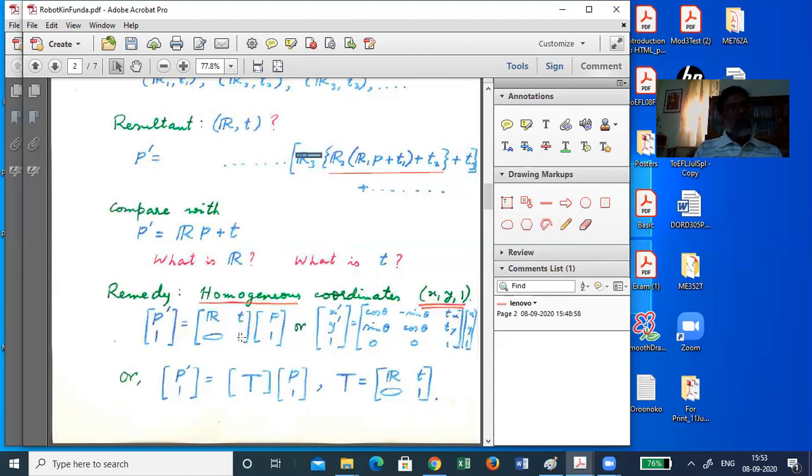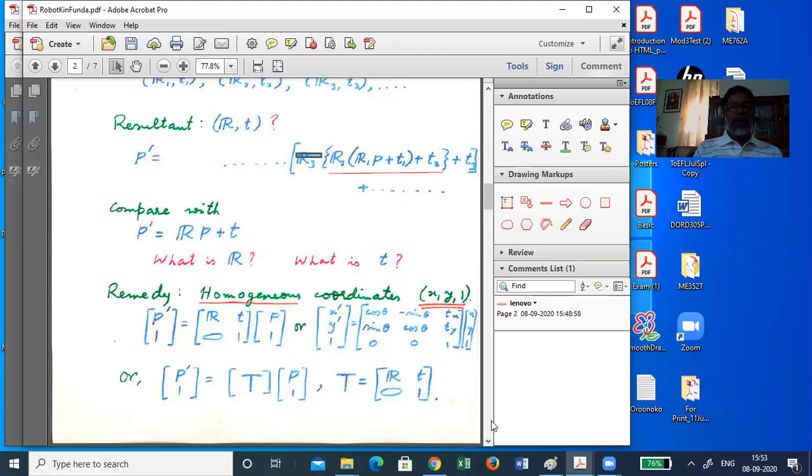Then we multiply with capital T2, that is R2, T2, 0, 0, 1, and so on. And you will get the resultant. So this transformation matrix represents rigid body motion, that is rotation and translation together.